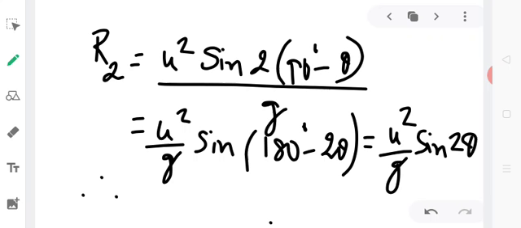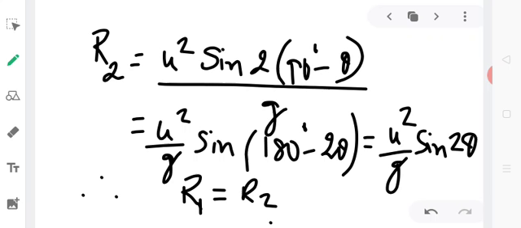So therefore r1 will be equal to r2. Thus the horizontal range is the same whether the angular projection of an object is theta or 90 minus theta with the horizontal direction. This indicates that for a given velocity there are two angles of projection for which the horizontal range is the same.